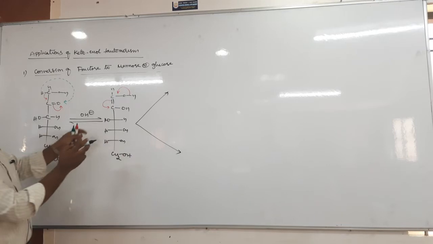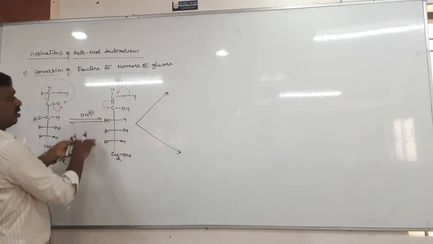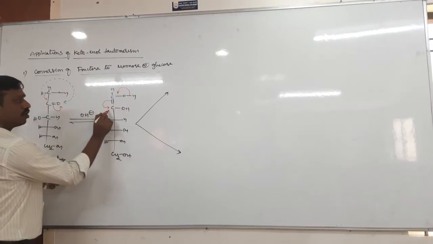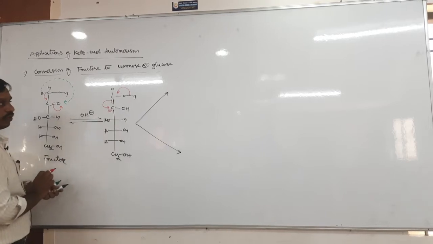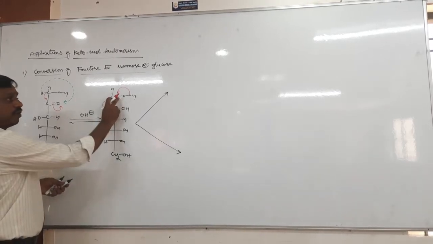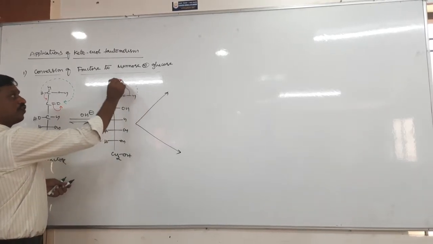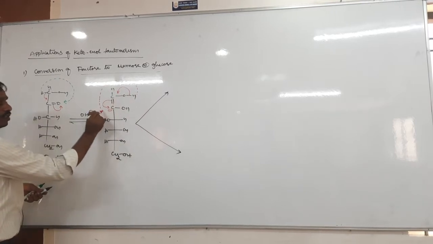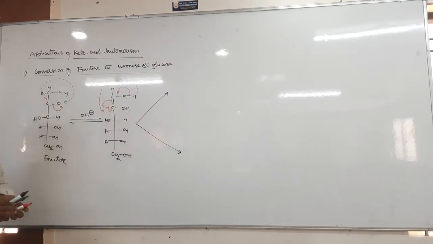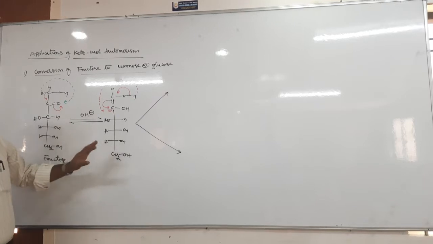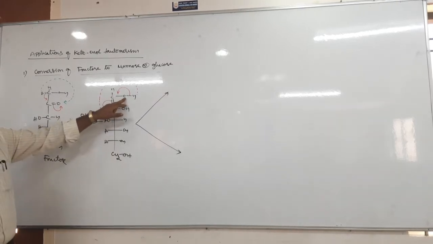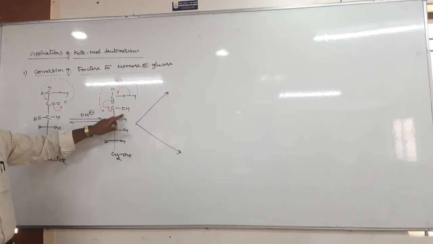Now tell me, does it become negative or not? This carbon becomes negative and forms a double bond, and this hydrogen shifts onto the same negative carbon. Therefore, the first carbon becomes aldehyde, the second carbon becomes OH.